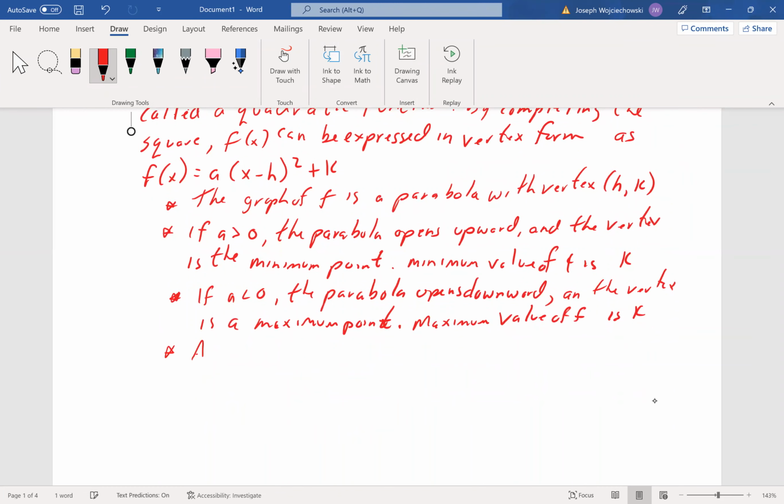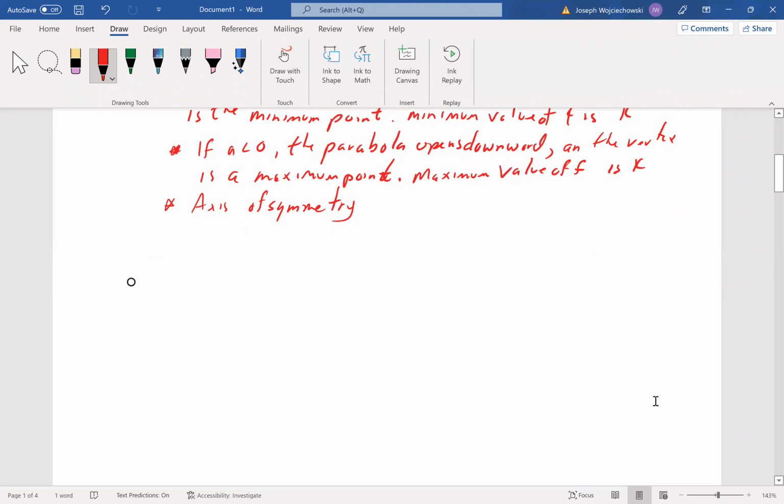We also have an axis of symmetry, which is x equals h.